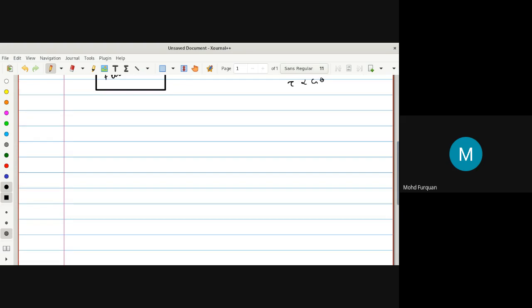Okay, so what will happen, I'll write here. Here if you have fluid, and here you have solid, the same experiment is repeated for both of them.